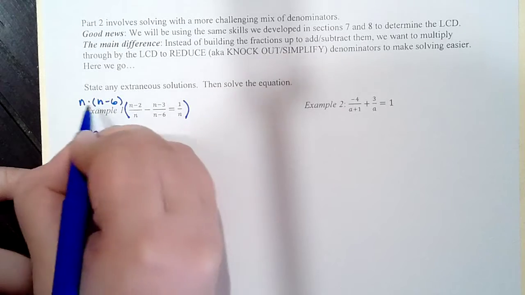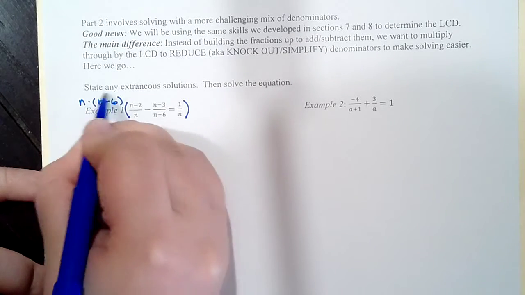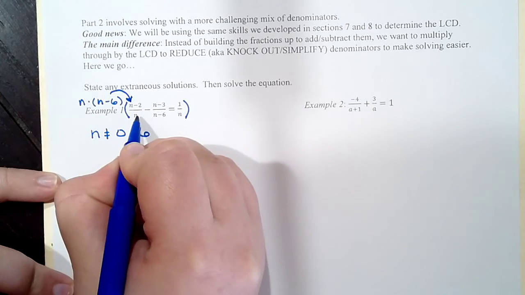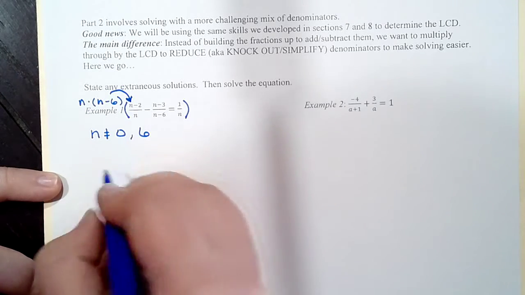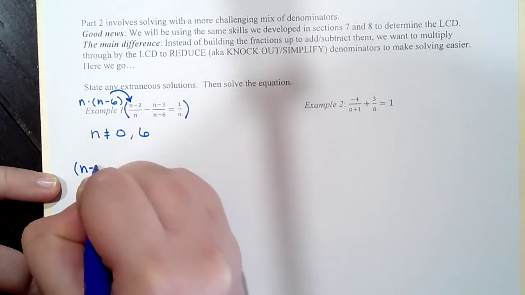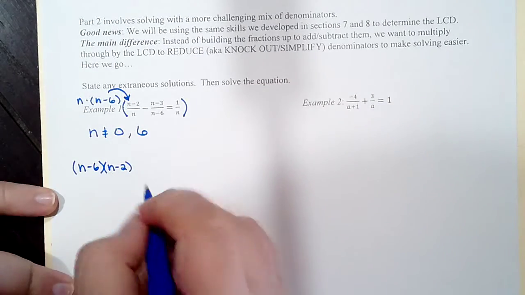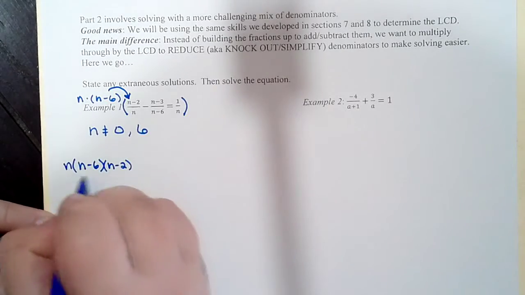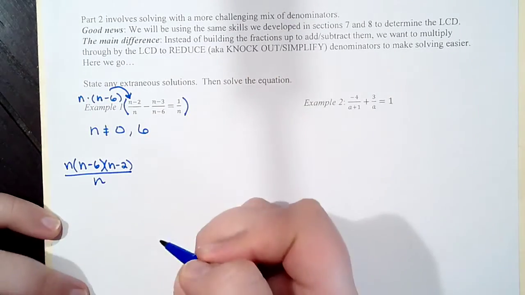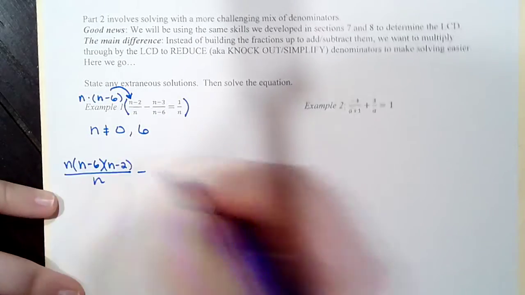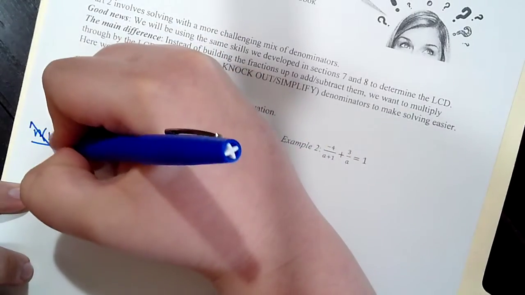So when we do this, notice when I multiply this in to my first term, the n is going to cancel because I have n over n. So the first term is going to be n minus 6 times n minus 2 because those n's cancel out. In fact, I'll show that for this, only for the first example though. All right, minus, when I multiply it in, those cancel, so those are gone.